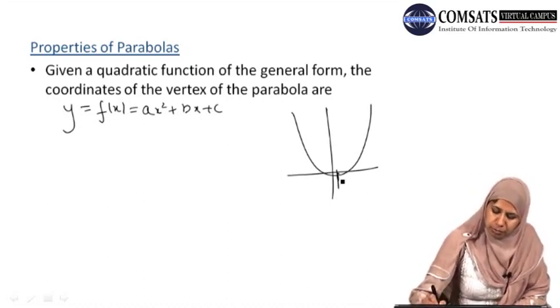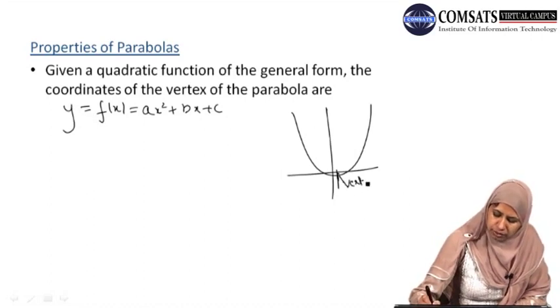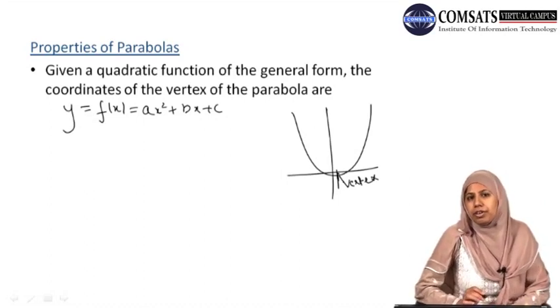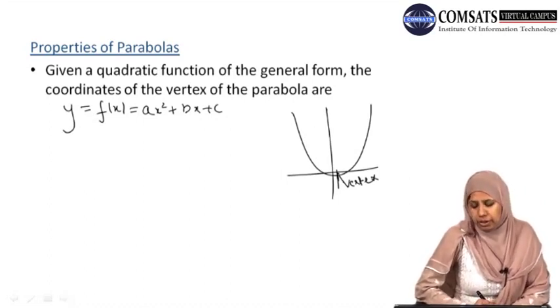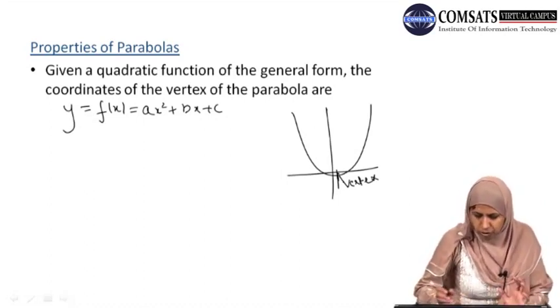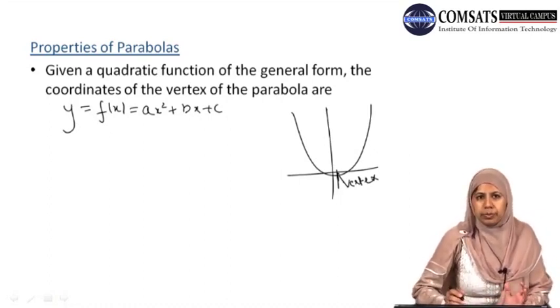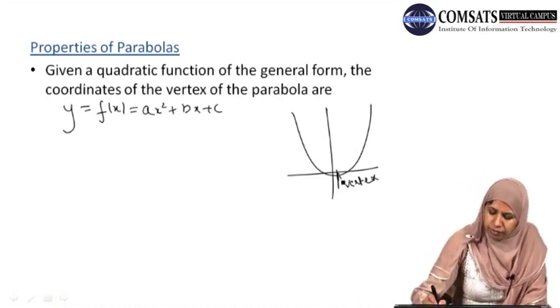We can represent this point in our rectangular coordinate system, which we have done in our chapter 1. So recall all what we have done in chapter 1, how we can represent a point in our rectangular coordinate axis.